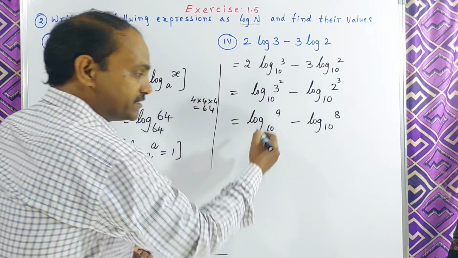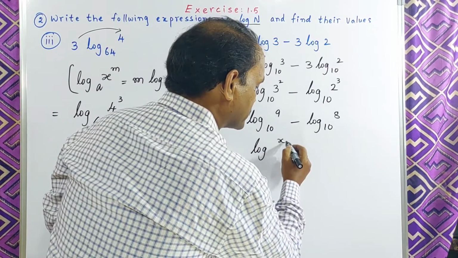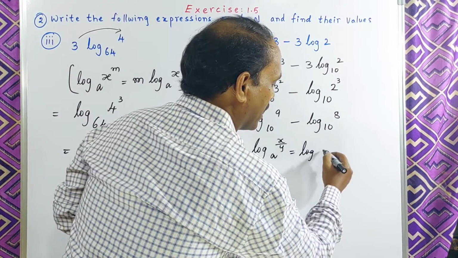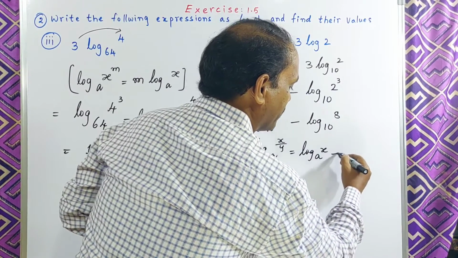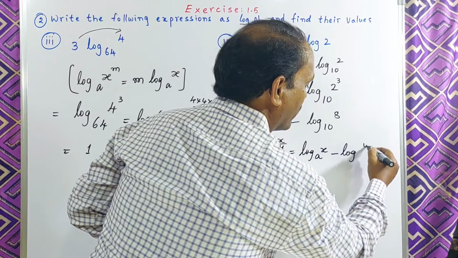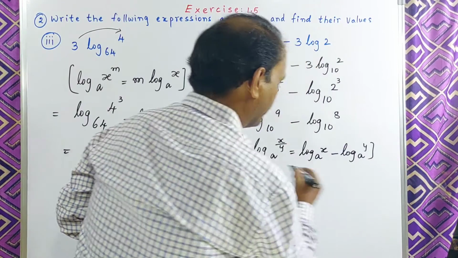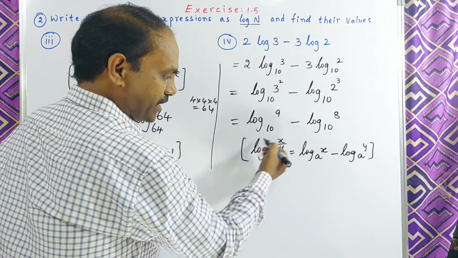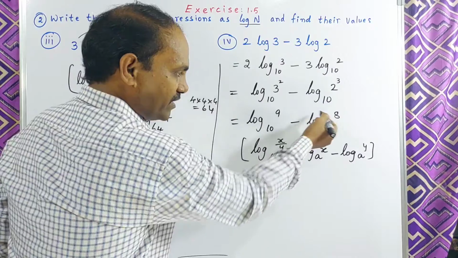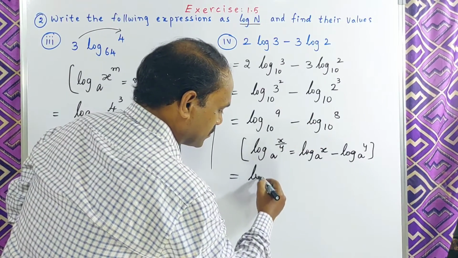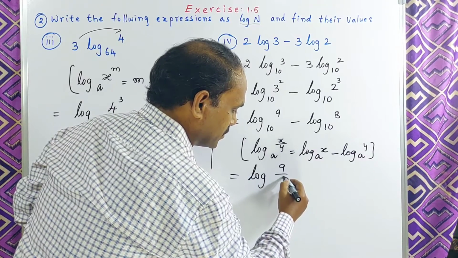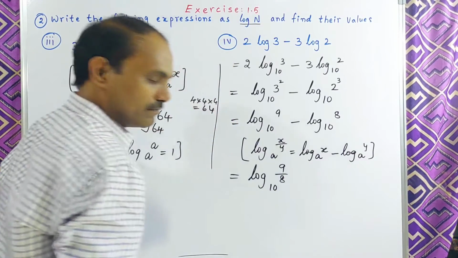Again this is in the form of log x by y to the base a is equal to log x to the base a minus log y to the base a. We should write this form here. So minus is there, that's why log 9 by 8 to the base 10.